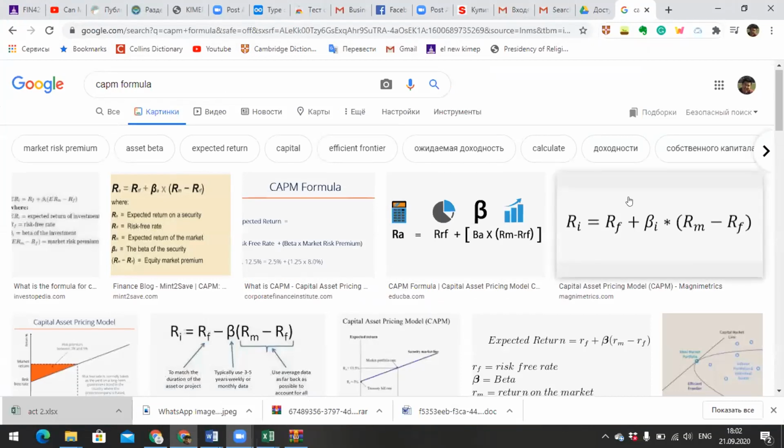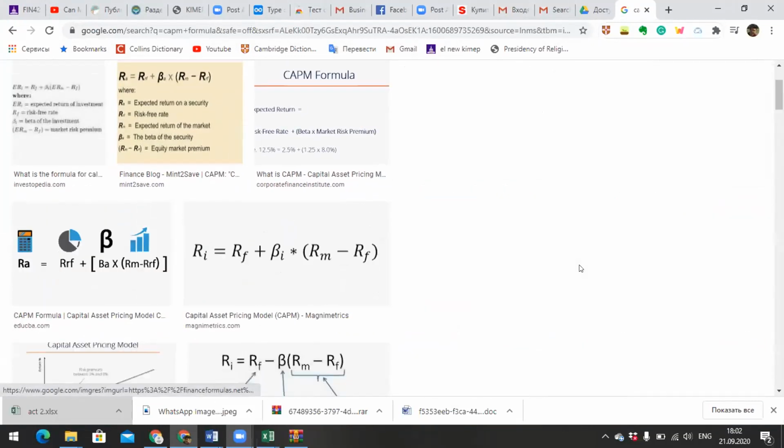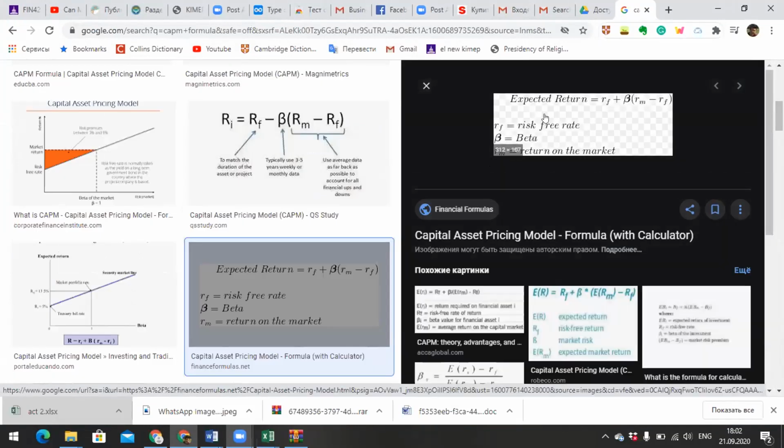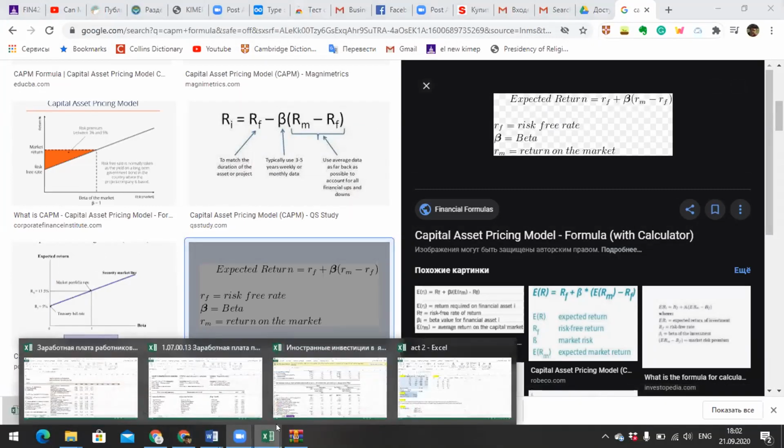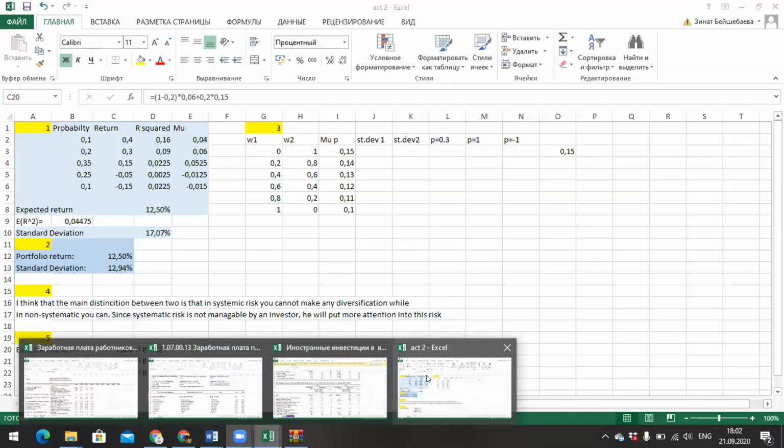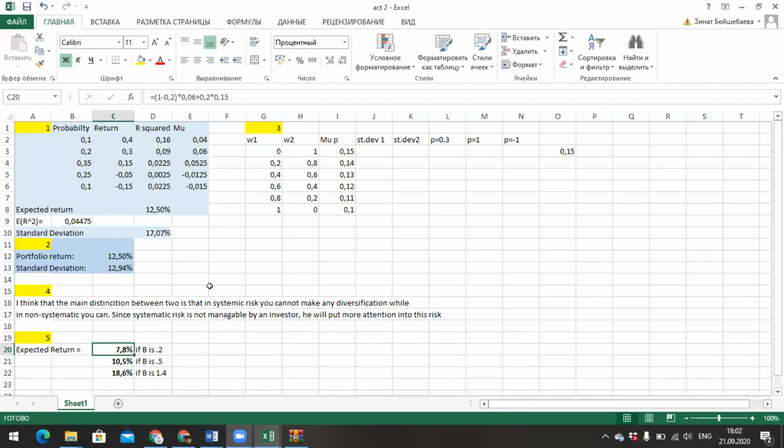Okay, so this is the formula: the risk-free rate, beta, return in the market. Oh, yeah, probably I used another formula. You have used something else, because what I saw from your calculation, just open it again: 1 minus 0.2.